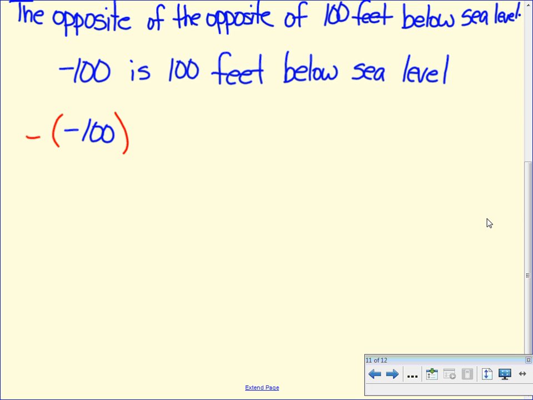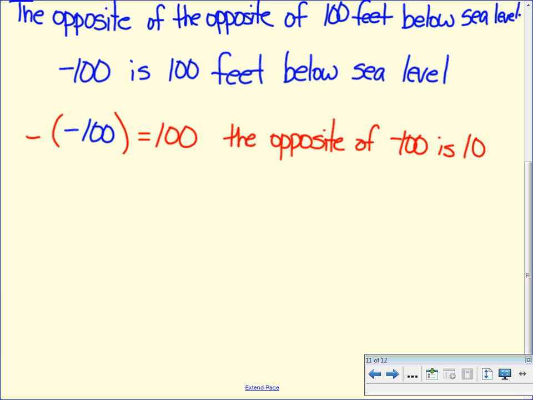So to find the opposite of that number equals 100. So now this is my new number.